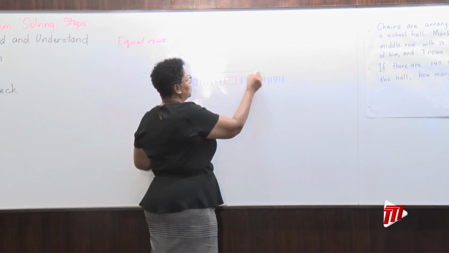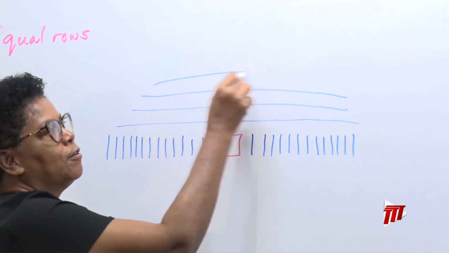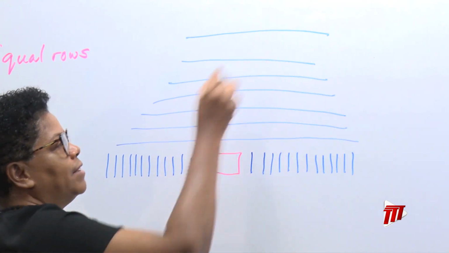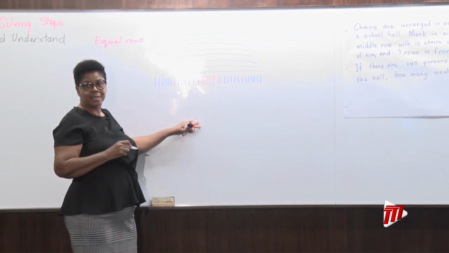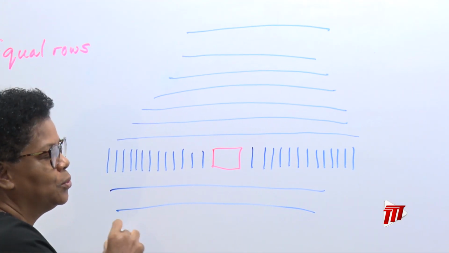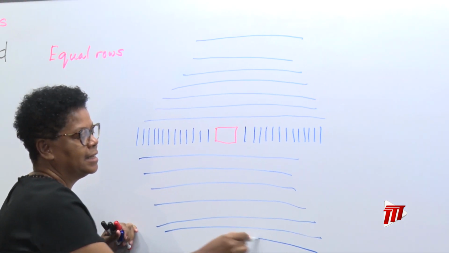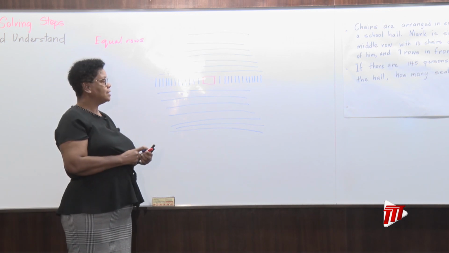So that's 1, 2, 3, 4, 5, 6, 7. It means there are also 7 rows behind him. 1, 2, 3, 4, 5, 6, 7.